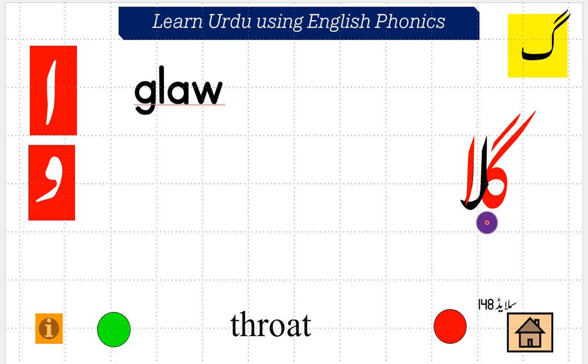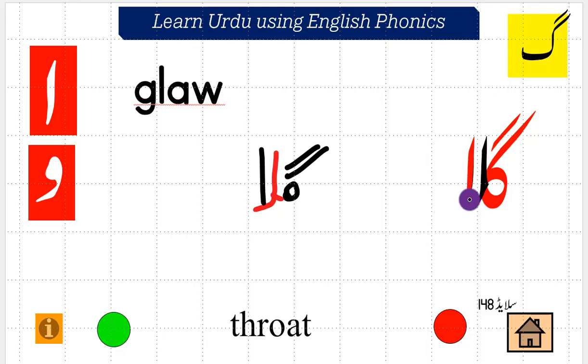Okay, we have got a new word over here to blend, and the same joining form. What's the first sound over here? Ga. That's the red ga, and then we have got l, ga, l, and what's the third sound over here? Ala, gala.